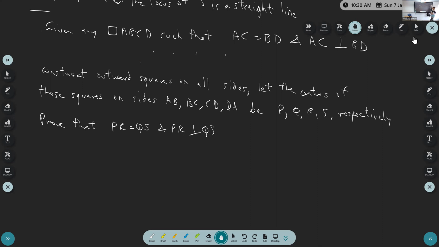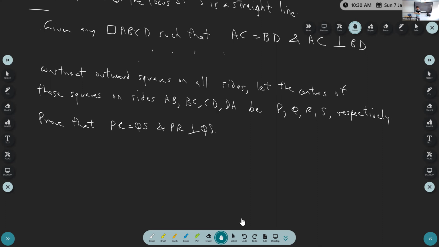So I'll suggest you can also try a pure geometry approach, but do that as homework for now because I want to show you the complex numbers or transformation way of doing it. So try to think in that direction for now.